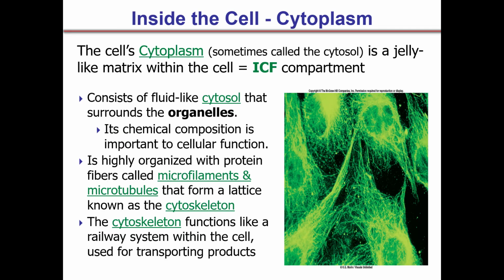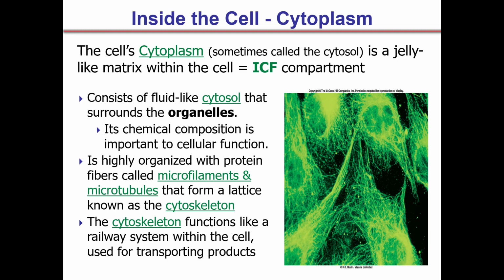And here's a fluorescent image of the cytoskeleton. So these are proteins called microfilaments and microtubules, and they act like a scaffolding inside the cell, just underneath that inner leaflet of the membrane. So within the ICF compartment, that fluid compartment inside the cell, it really has some substance to it. It's kind of jelly-like.